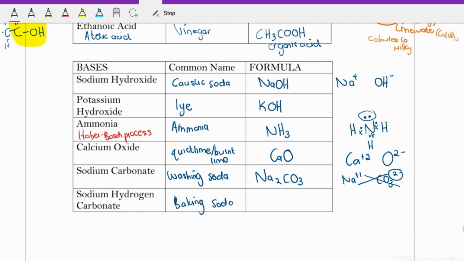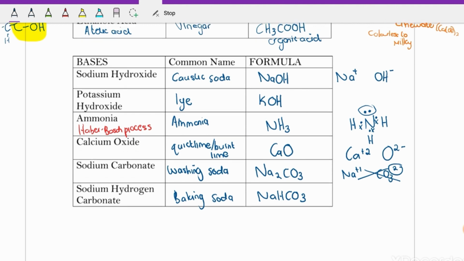Baking soda is sodium hydrogen carbonate. We normally use sodium hydrogen carbonate in medicines like an antacid, or of course in baking, whereas sodium carbonate is washing soda, so think of washing powder and think of soaps and other detergents.